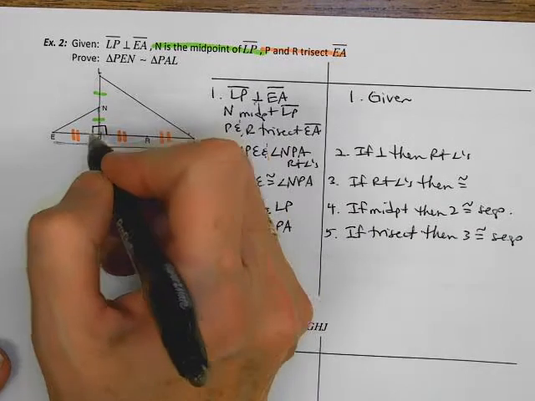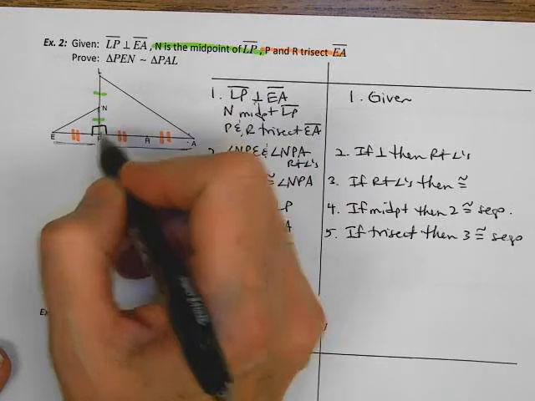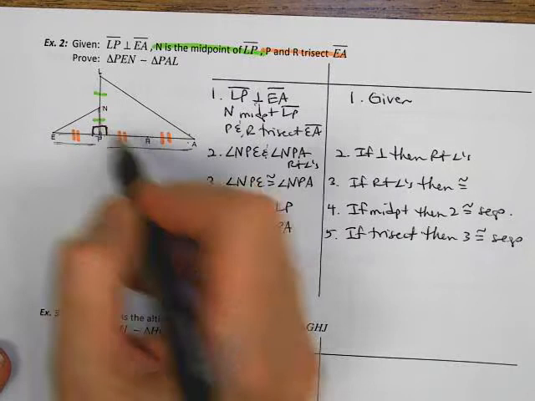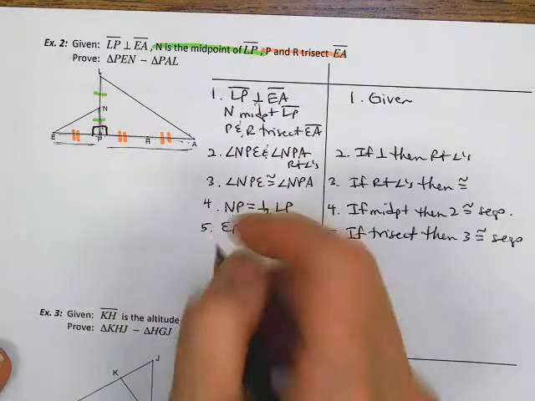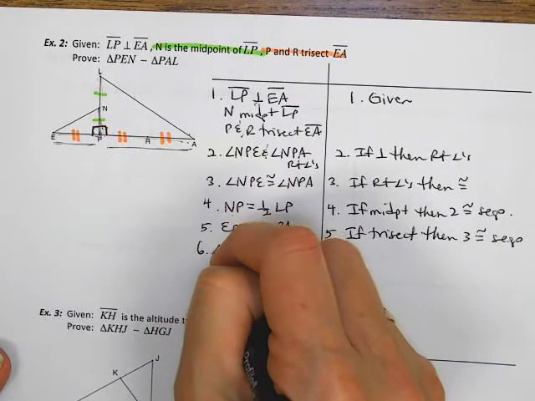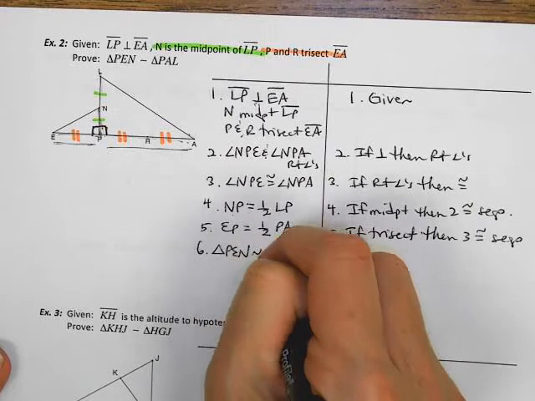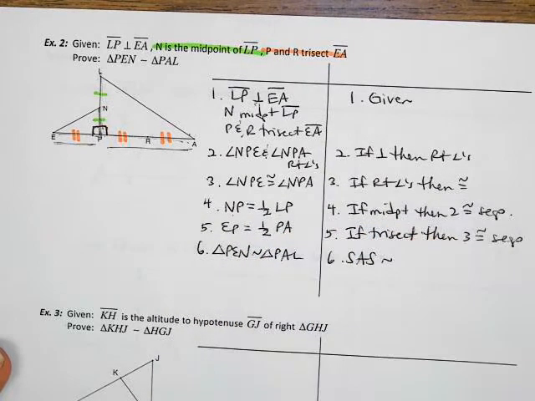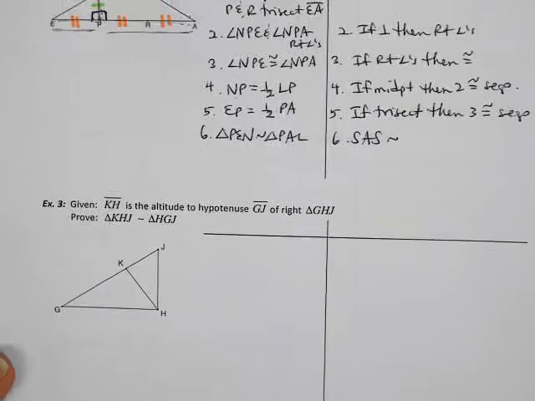So I have an angle, and on each side of that angle I have an orange and a green, and on this side I have an orange and a green. So then those triangles are similar. Triangle PEN similar to triangle PAL by side angle side similarity. So I think you can see based on that one why we don't use this very often, because it's pretty tough to get those ratios.